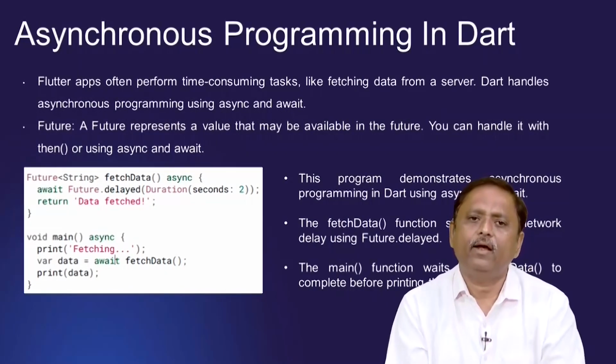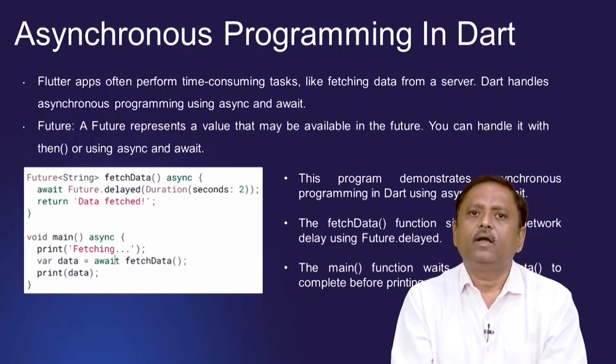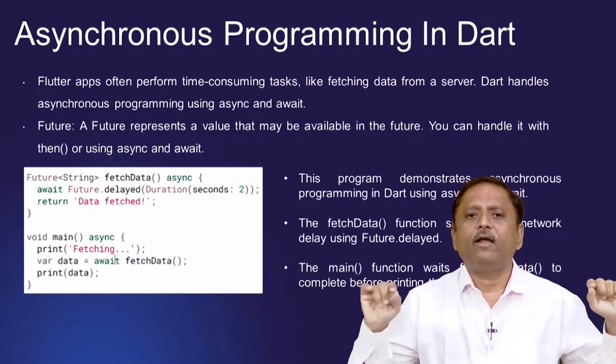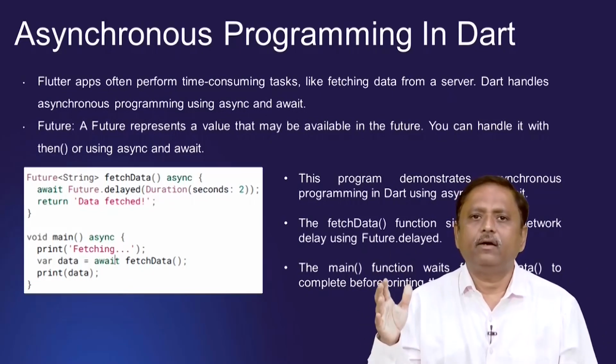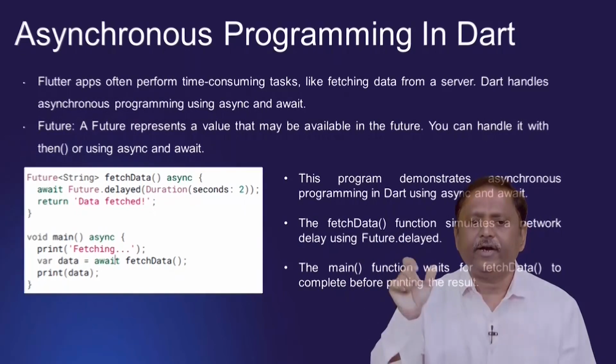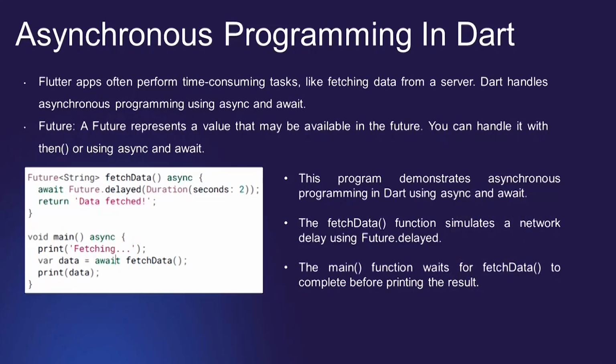When I call this function inside main, we have to write async after main, and then it can handle the asynchronous task. Inside the curly brackets you can see first I write print fetching. Immediately after that we call await fetchData. So, what does it mean? When fetchData is executed, the function is called and it pauses for 2 seconds.